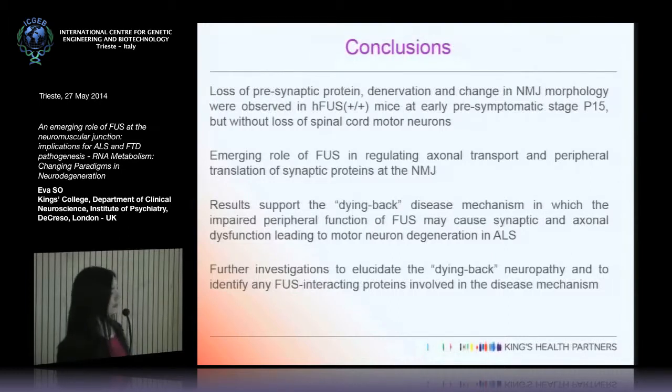So further investigations are needed to elucidate this dying back neuropathy further, and it will be interesting to identify any FUS interacting proteins which may be involved in this disease mechanism.